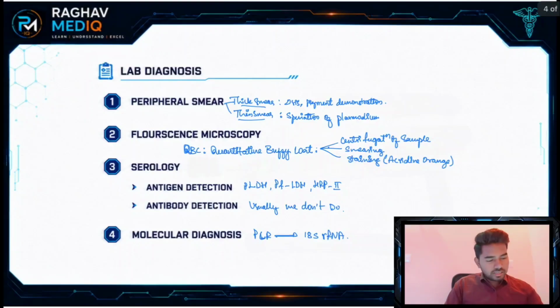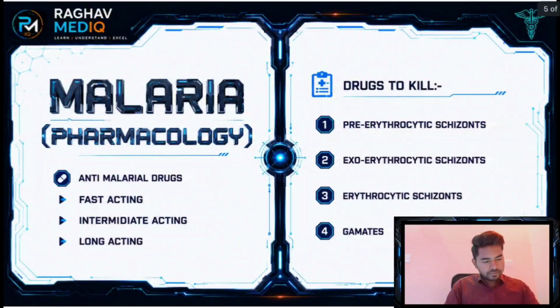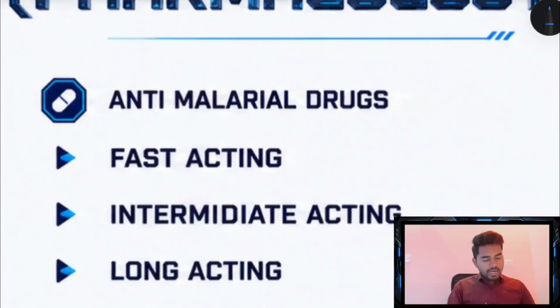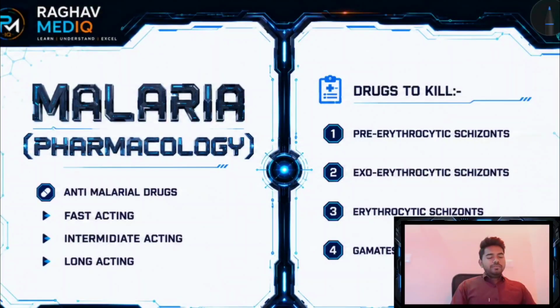Then we'll discuss pharmacology. Malaria pharmacology. First, antimalarial drugs. We classify antimalarial drugs as fast acting, intermediate acting, and long acting.